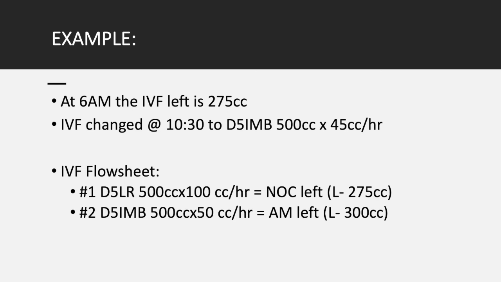At the end of the shift, before we close the chart, the IVF flow sheet will show the IVF during the night shift. The left is 275, and the AM or morning shift left is 300 cc, the one you changed at 10:30. So how will you chart that?